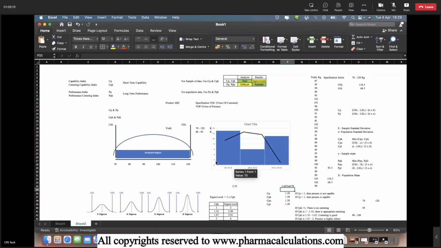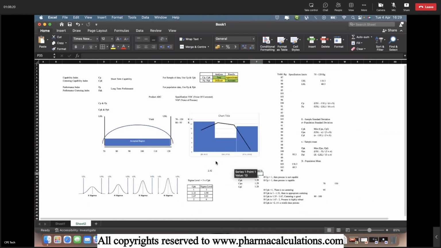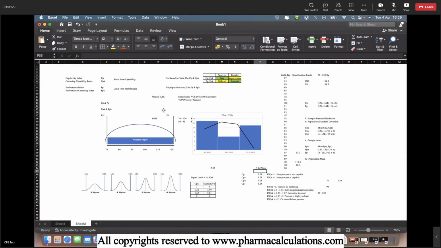Okay, so this is how we should evaluate the process capability depending upon CP, CPK and PP, PPK. Here I have done it for sample data, and if you have access to SAP, and are able to collect the data from SAP, like the total batches, the population data of any product, just try to perform the same analysis using PP and PPK.